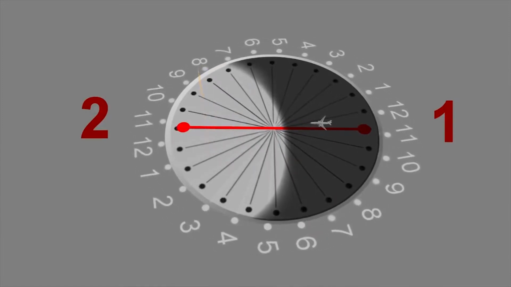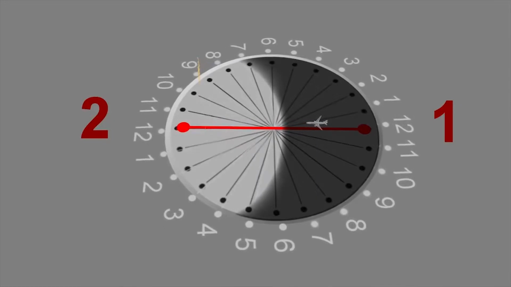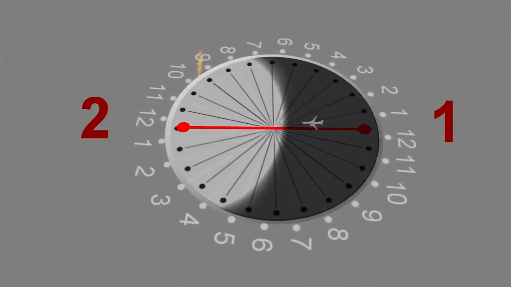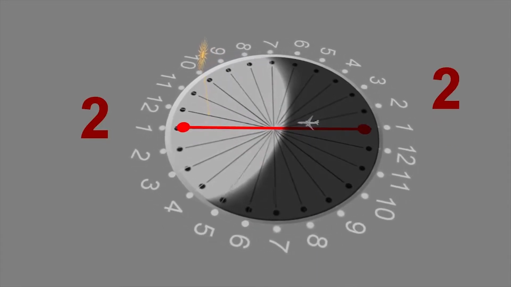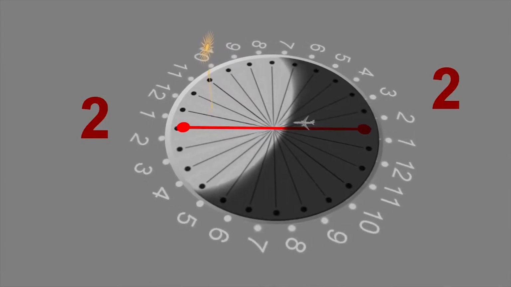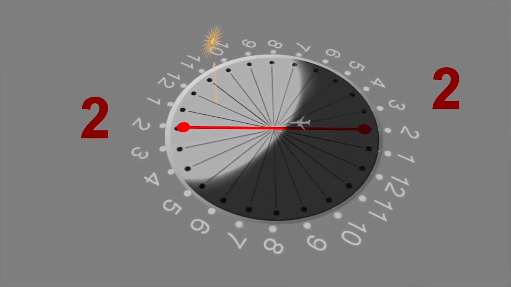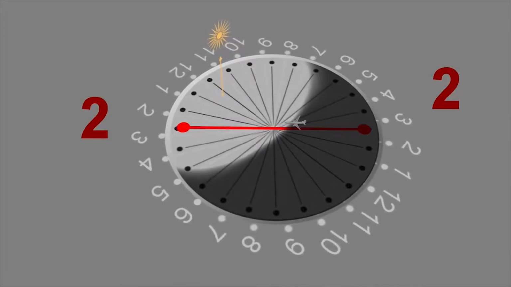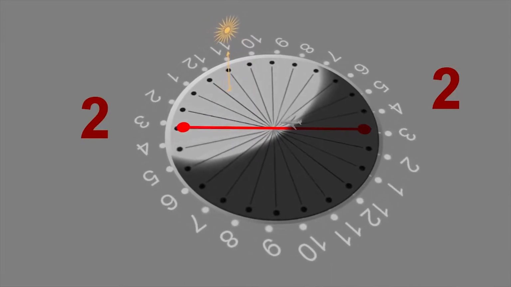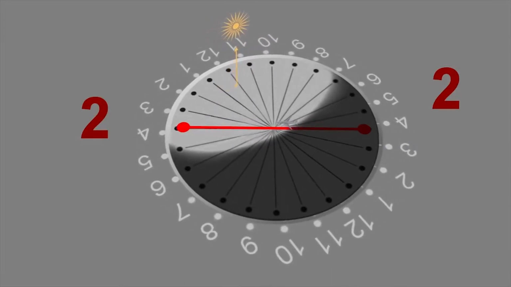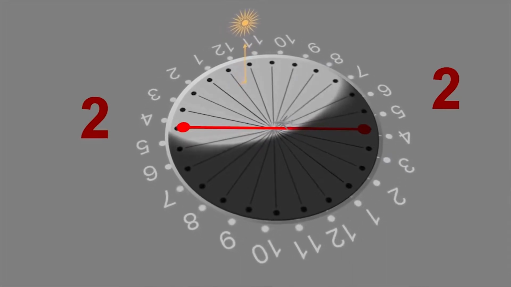So as it hits 12 o'clock where you left off, it's now day two. It's 1 o'clock in the morning. Destination is now 2 o'clock, and now the sun's setting. He's flying towards his destination. Still day two.